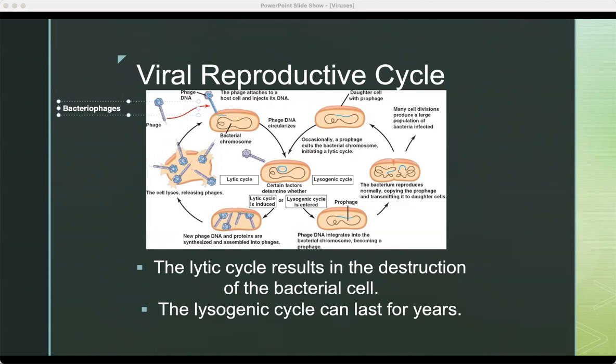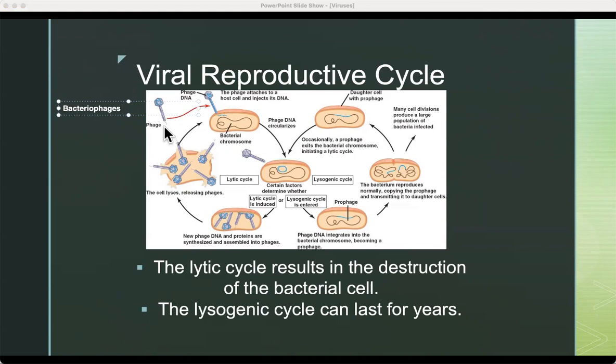So there are 2 different phases in this reproductive cycle. There's what we call the lytic cycle and the lysogenic cycle. So we will talk about the lytic cycle first.